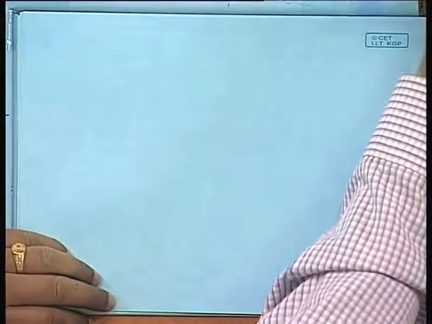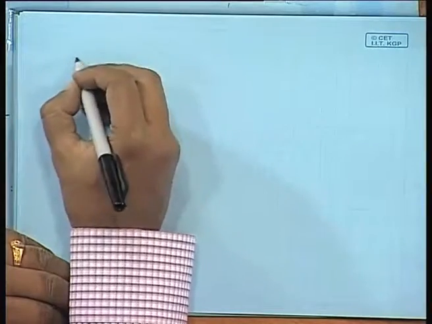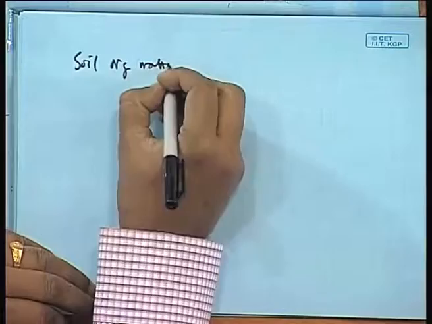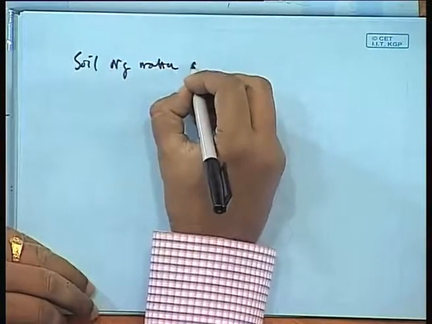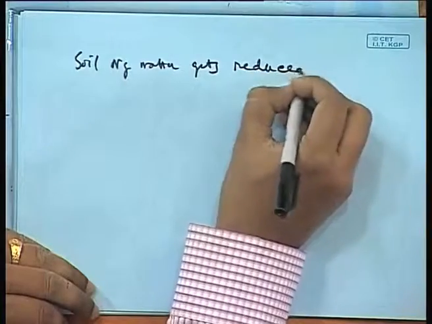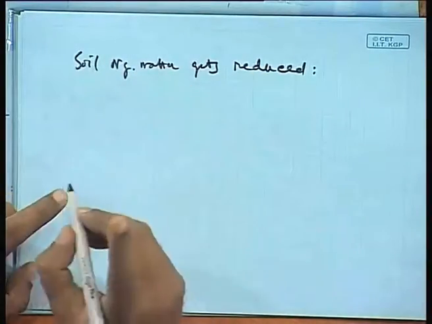So in the engineering aspect, how does this soil organic matter get reduced?